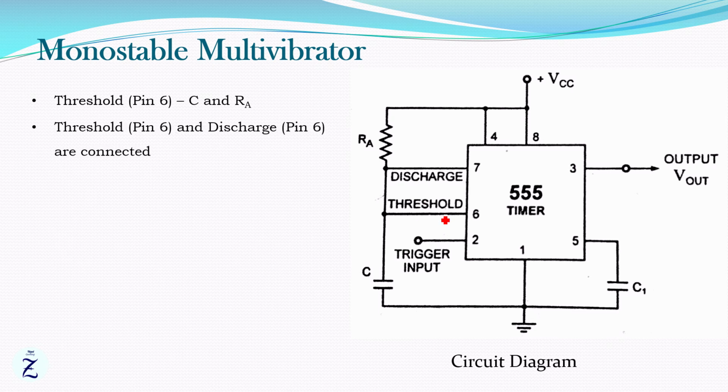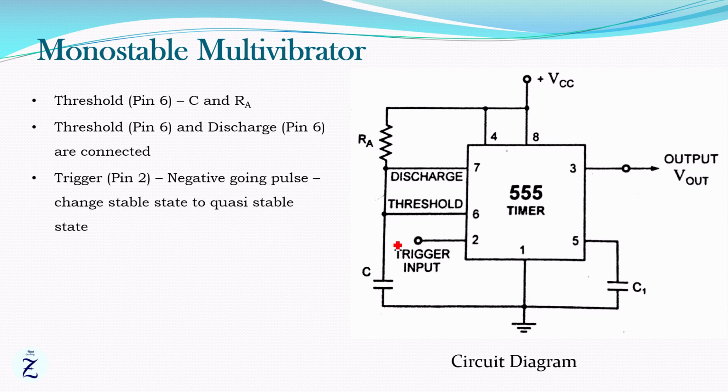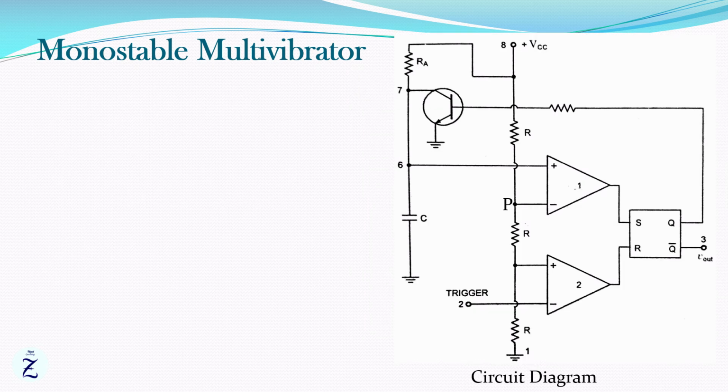At pin number 2, that is trigger, as I said earlier, a negative going pulse is applied as trigger to change the output from stable state to quasi-stable state. Output is taken from pin number 3 and pin 5 is grounded through a 0.01 microfarad capacitor to avoid noise problem. Here is the circuit with the internal circuit of IC 555.